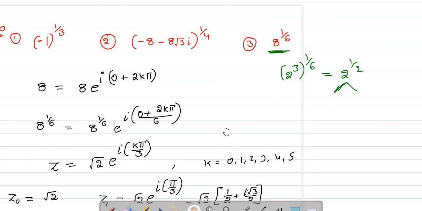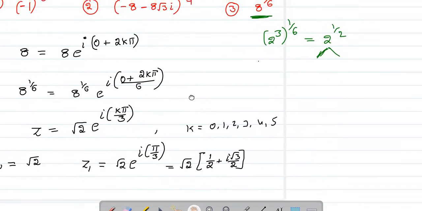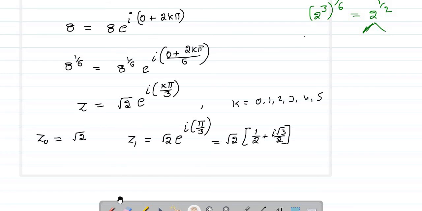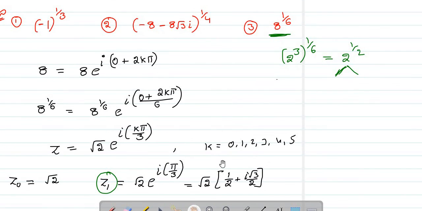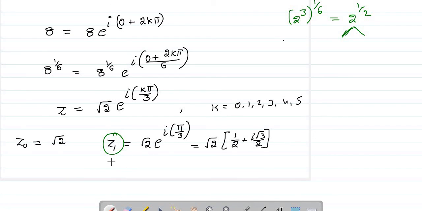But here, if you observe one thing, if I take this particular z1, that is root 2 into 1 by 2 plus I root 3 by 2, this satisfies the first equation. The first equation is, what is it? Z power 6 equal to 8. But this z1 is not satisfying z square equal to 2.